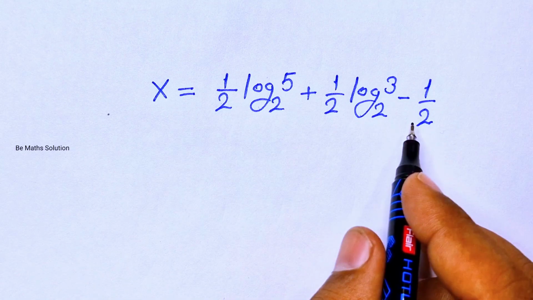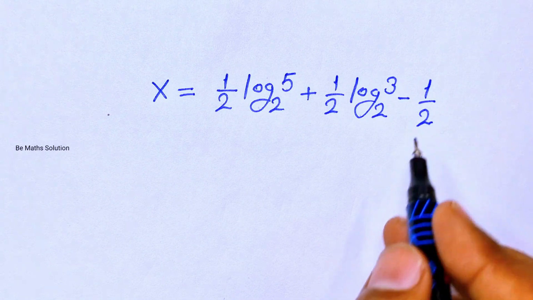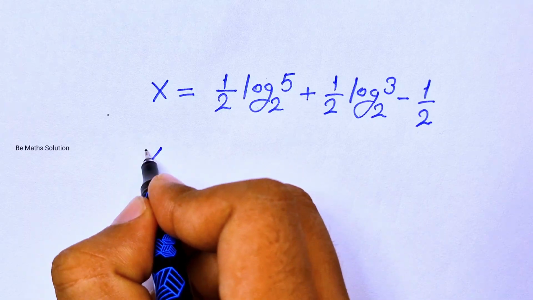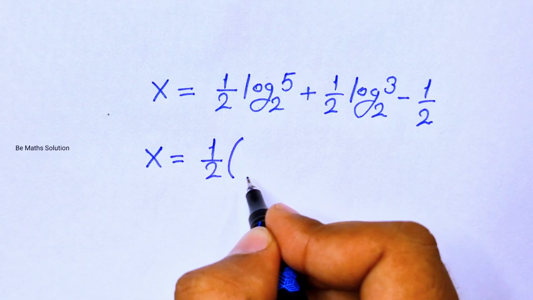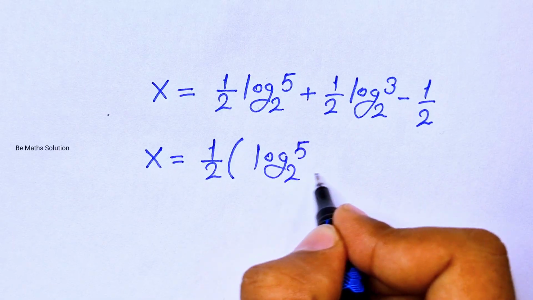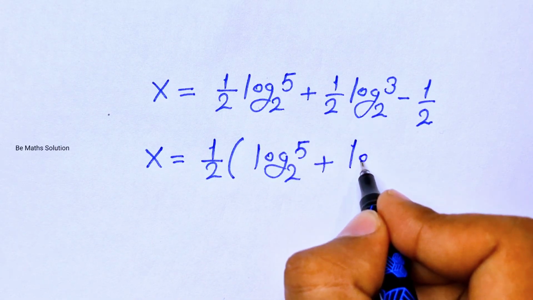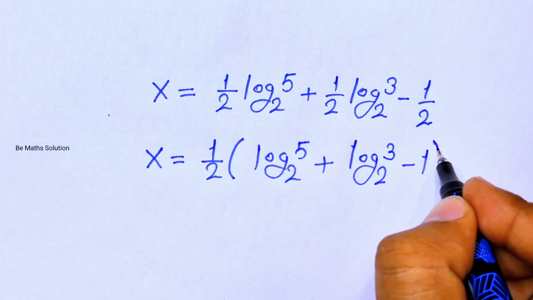Now at this moment, 1 over 2 is common. So it will be x is equal to 1 over 2, in brackets, log of 5 base 2 plus log of 3 base 2 minus 1.